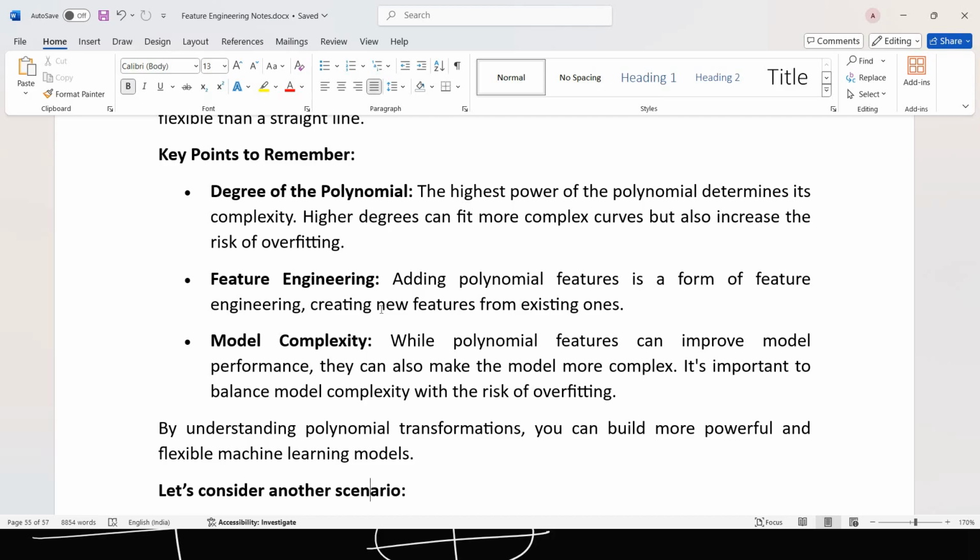So by understanding the polynomial transformation, you can build more powerful and flexible machine learning models, but you need to avoid overfitting. How we avoid overfitting, we are going to cover in the coming videos. But as of now, you can understand what linear and non-linear regression are and why we need to use them.